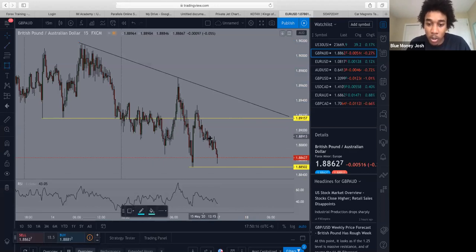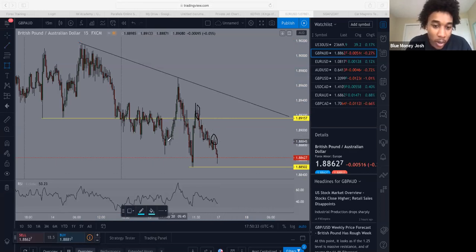For those that were asking, let me just point out real quick, this one right here is a gravestone doji. Closed and opened at the same price, gave a big long wick above it. This is another gravestone. This is kind of a dragonfly right here.